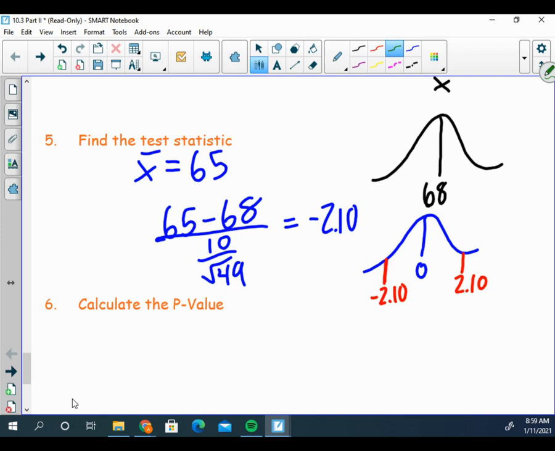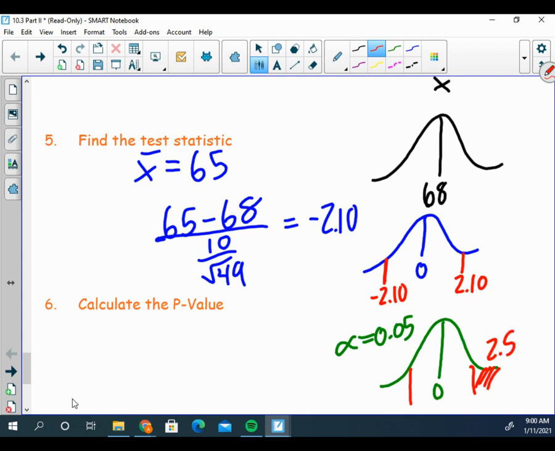Why I hope this makes sense is think about when we're running a two-tailed test in the past, in 10.2, when I ran a two-tailed test, then I would find those cutoff values. In this problem, we're running a 5% level of significance. What you would do is you would split that 5% between the tails, right? And 2.5% would be here, and 2.5% would be here.